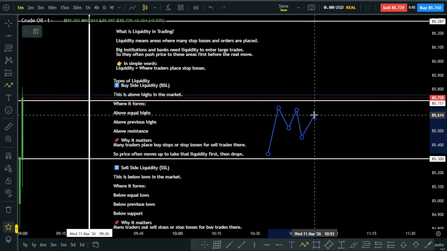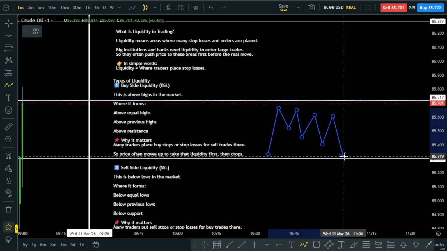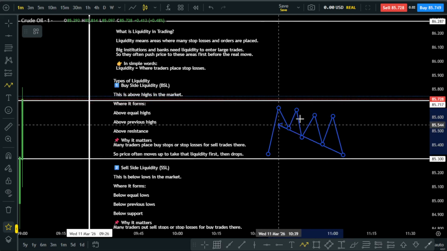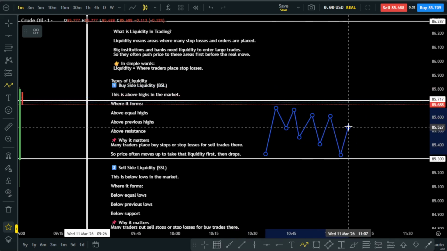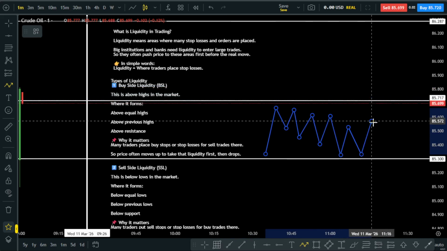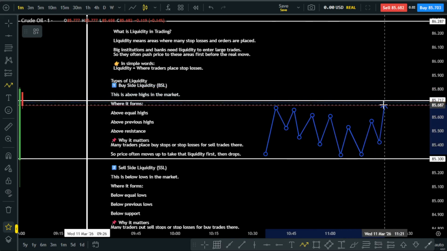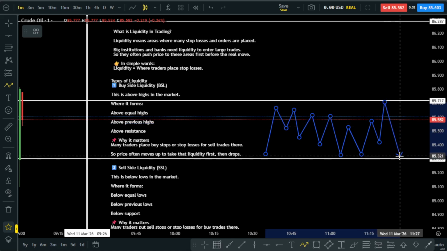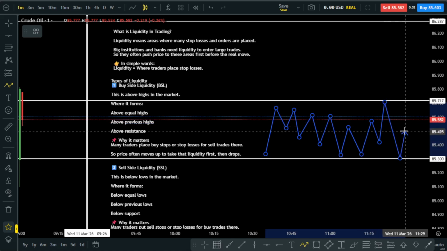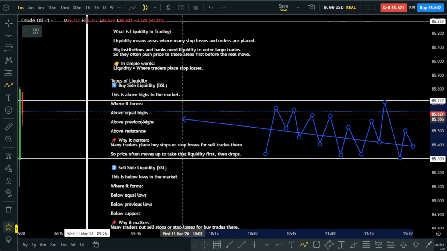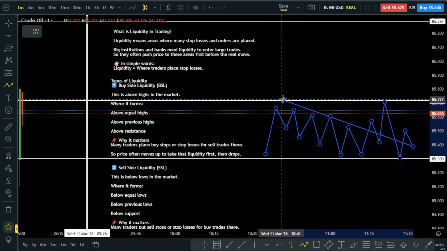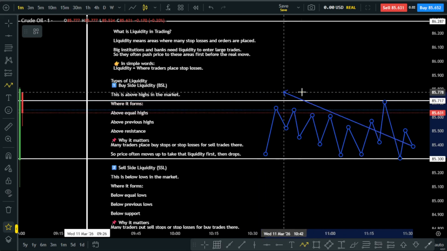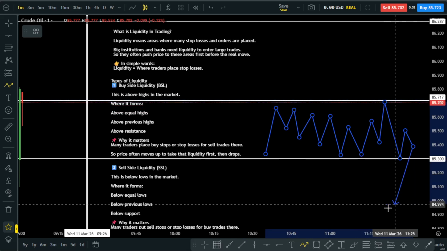It will consolidate. Maybe the whole, let's assume this Friday we have NFP. So what price will do is just be in a ranging form. It hits the resistance, it drops, it hits the support, just like that. What it means is that above this resistance, people will put their stop losses here, wanting to short the market.